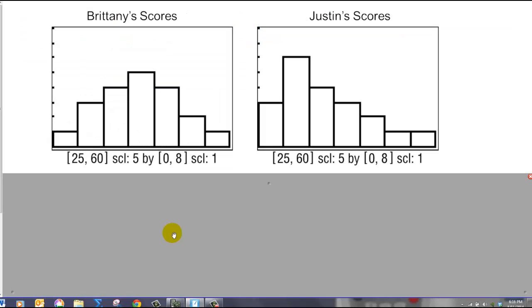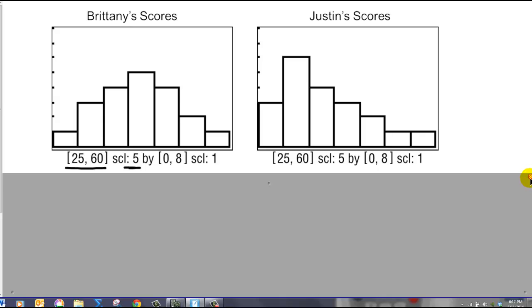So what I did is I plugged all this in and I made my X scale go from 25 to 60, and I made my scale factor 5, and this is the graph I got out, and my Y's went from 0 to 8. Justin ended up looking like this. So you'll see that this is a pretty evenly distributed set of data, or a symmetric set of data, and this is skewed definitely where we have more numbers on this side.